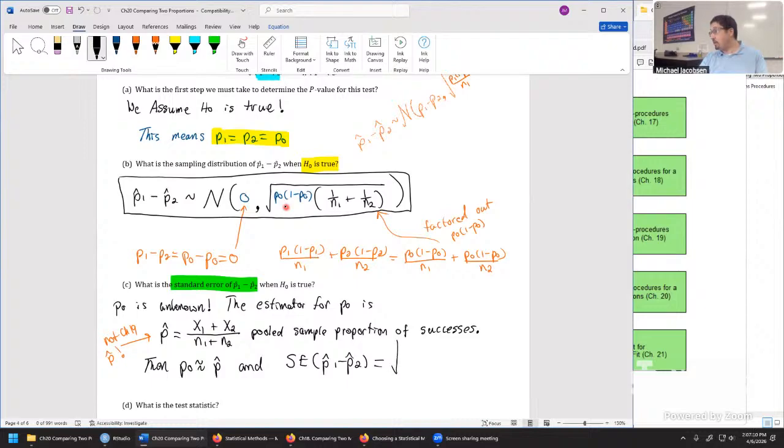This standard error becomes square root of P naught times 1 minus P naught times, or hang on, let me backtrack. In place of those P naughts, I forgot that critical step, we use the statistic: P hat times 1 minus P hat times 1 over N1 plus 1 over N2. So the statistic gets just dropped right here.